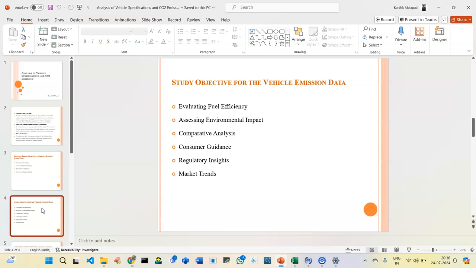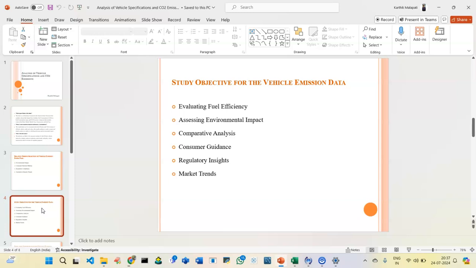So the study objectives for this vehicle emissions data: the first one is evaluating fuel efficiency, looking at fuel consumption patterns in both liters per 100 kilometers and miles per gallon across different vehicle classes and models to identify the most fuel efficient vehicles.